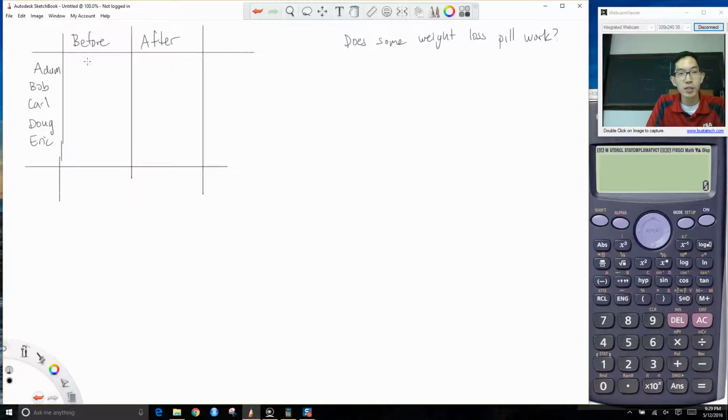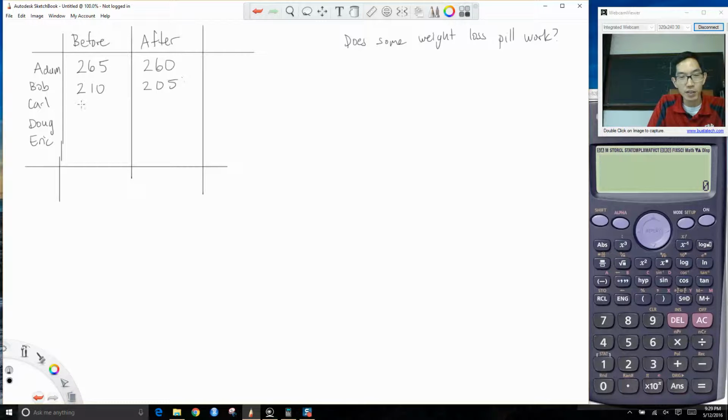Let's say before, Adam weighed 265, and after taking the pill he's down to 260. Bob weighed 210, and after weighs 205.